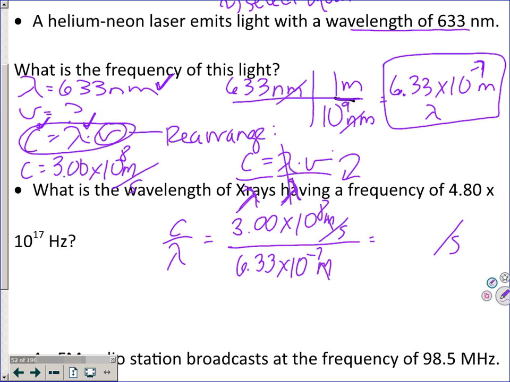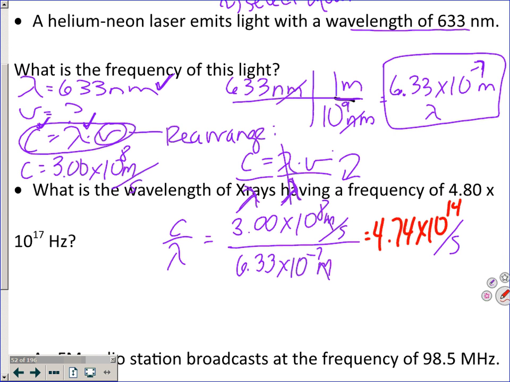So 2.1-ish times 10 to the 14th. What is it? Or not 2, sorry, 5.4... Okay, I'm trying to do this in my head. I was multiplying. 4.74 times 10 to the 14th.